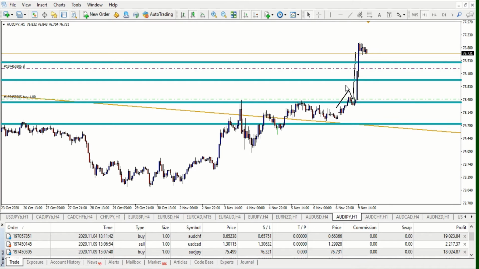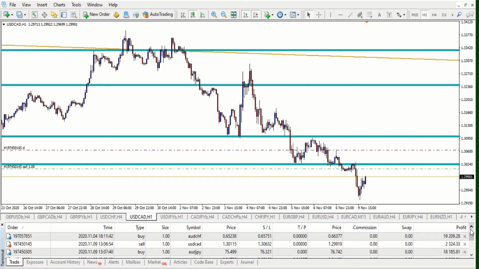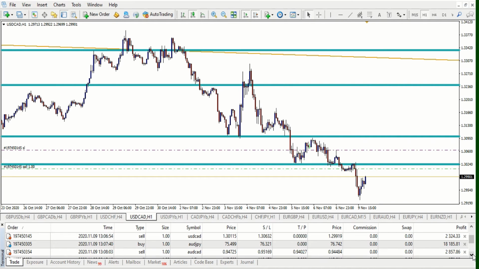Okay, so the next pair that I took was the USD CAD, and I took this one today, and I can see that it's retracing now.